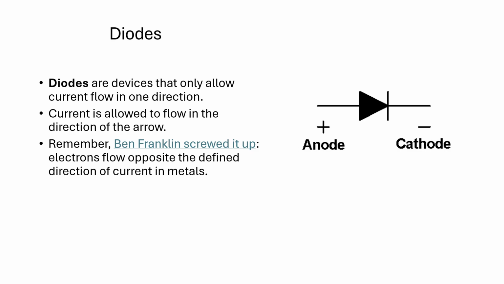The black arrow is always pointing in the direction of Franklin current for a diode. So the positive charges for this diode can flow from left to right. They cannot flow from right to left. So the electron flow can flow from right to left, but not left to right. Okay. So a diode is like a one-way street in your electric circuit. Diodes are going to be used in the rectifier. We'll talk about the rectifier when we talk about transformers in the next lecture.